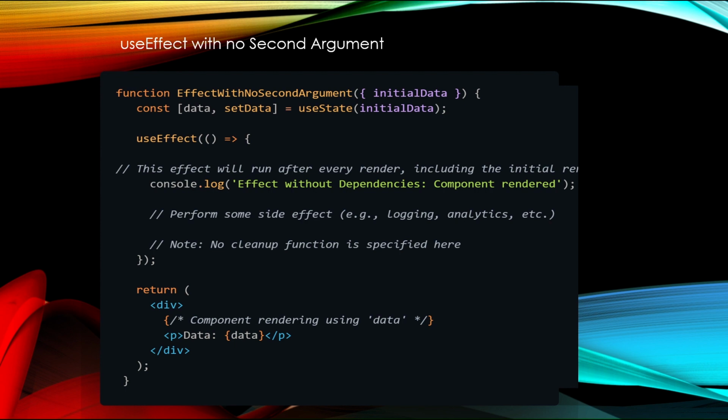Let's say you have a useEffect and a callback function, and in the context of that callback function, you're doing something that changes the state. What happens is, if the component renders, the state will get updated, and that will cause it to render. And once it renders, it will trigger the callback function again. So this will make it run infinitely. So you want to avoid scenarios like that.